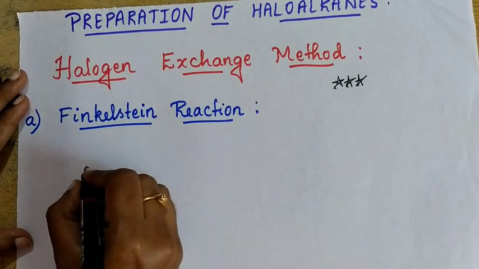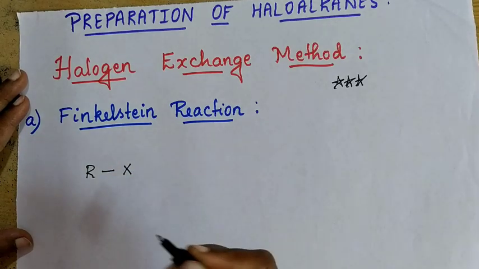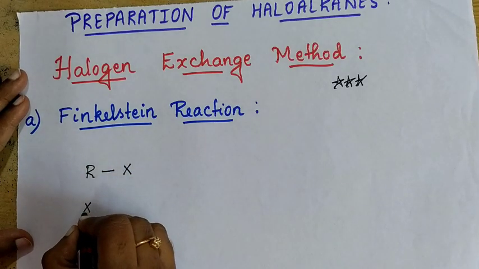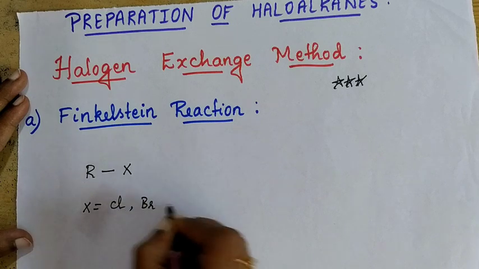Let us consider an alkyl halide, where X is any halogen, particularly chlorine or bromine.